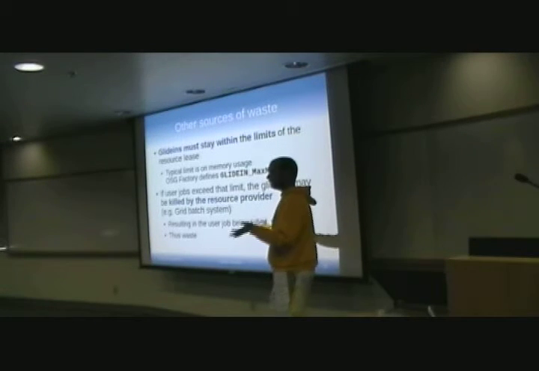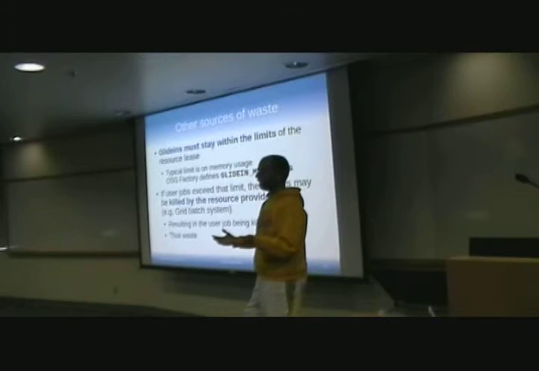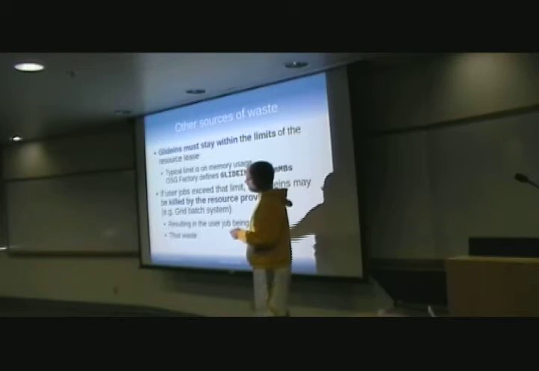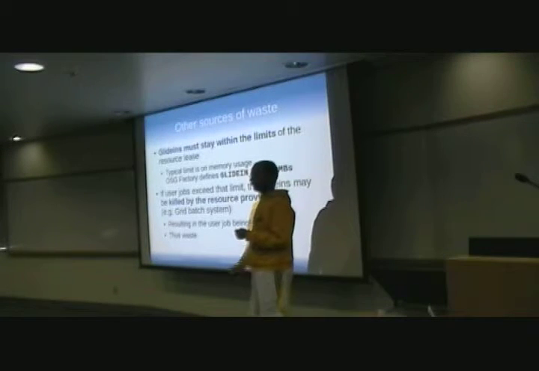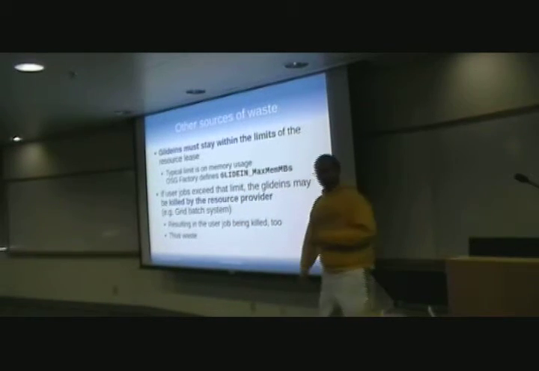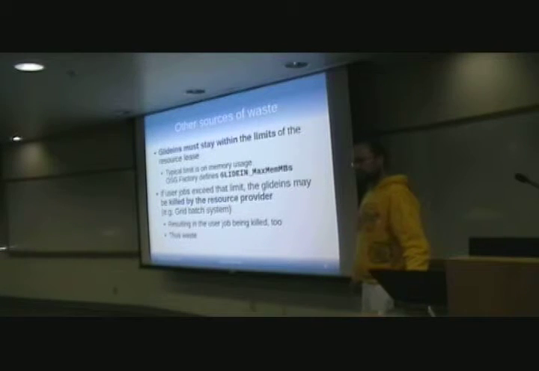Of course, often jobs don't know how much they use, but if they do know that they use a lot of memory, you should try to optimize it. Because if you don't, the site will kill the glidein together with the job, and whatever has been done until then is lost. So you want to avoid that as much as you can. And sometimes you just can't. If you can, try it.